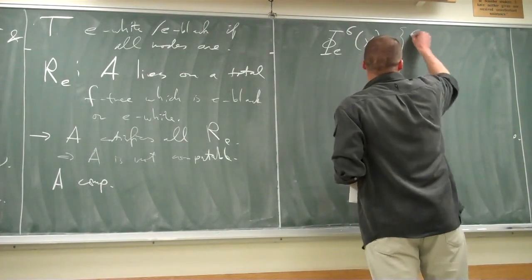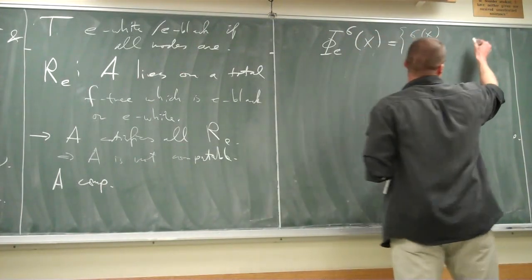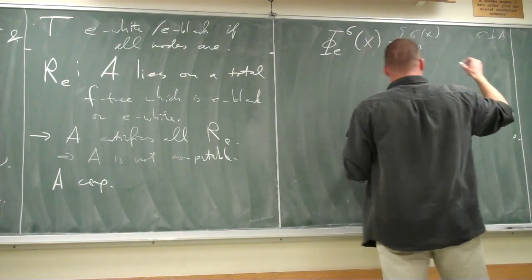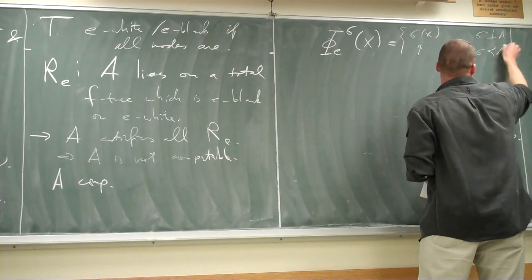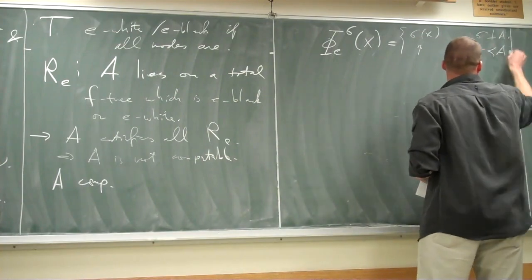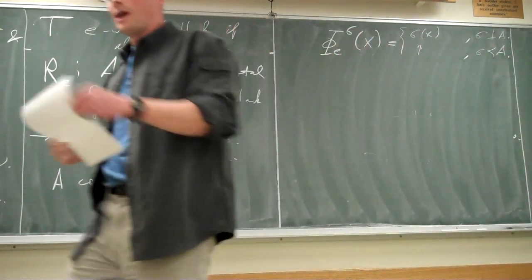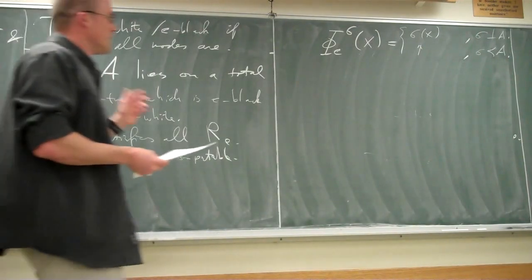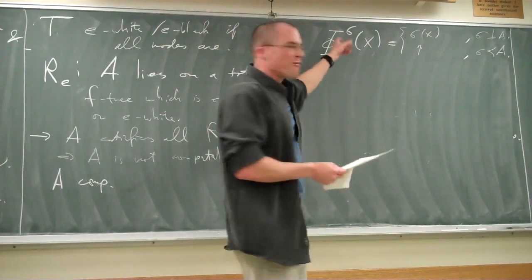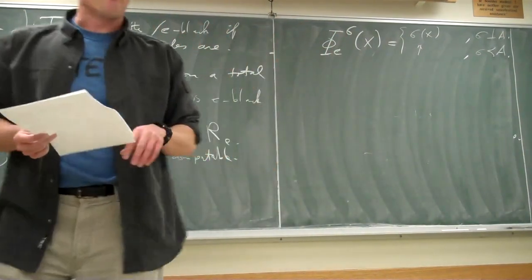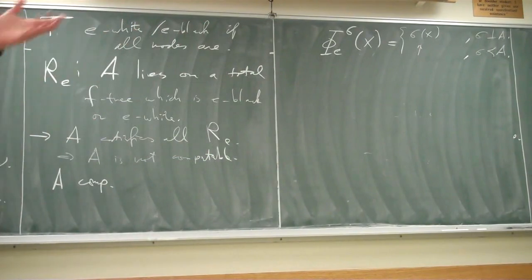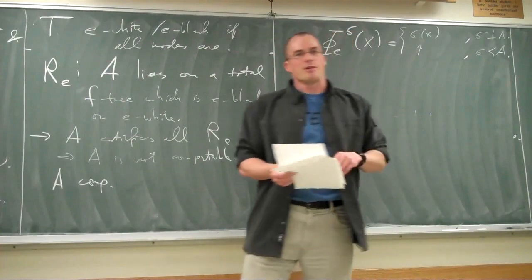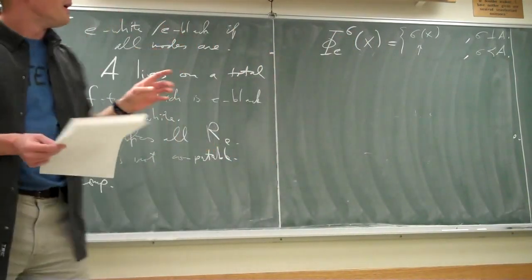Well, it is sigma x if sigma is incompatible with A, and it diverges if sigma is compatible with A. And now you need to look at this for a little bit and see if it makes sense. But if you have sigma, then computing sigma x is fairly easy, right? You just ask the oracle what to do. Starting to diverge, also perfectly fine.